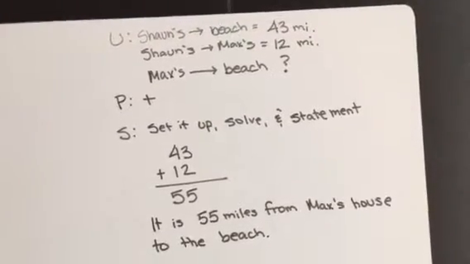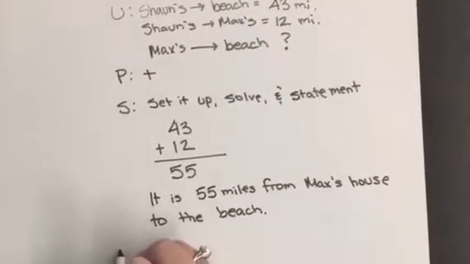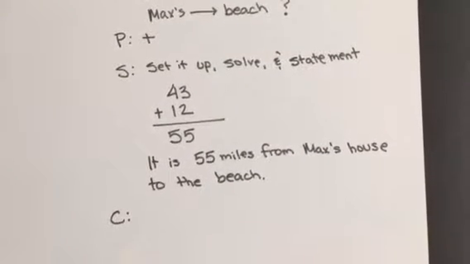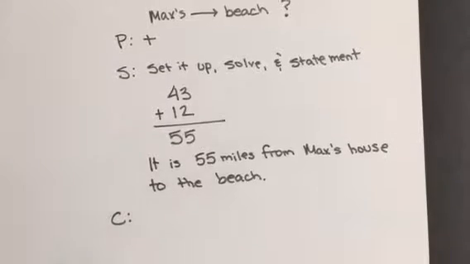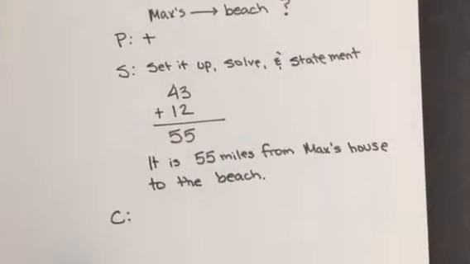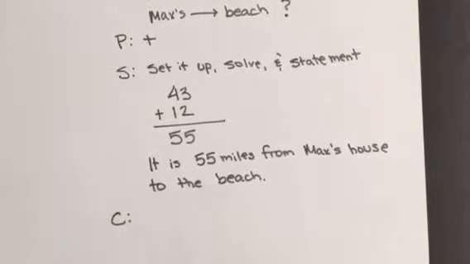Okay, and then the last step is C, and that stands for checking your answer. Now there are a lot of ways that the kids can check their answers. Some of the things that we encourage are using the opposite operation to check, but really we're trying to work on rounding and estimation. We're trying to get the kids to round these numbers and get a ballpark estimate as to what their answer should be.